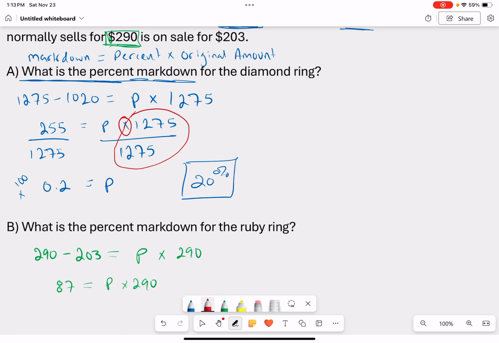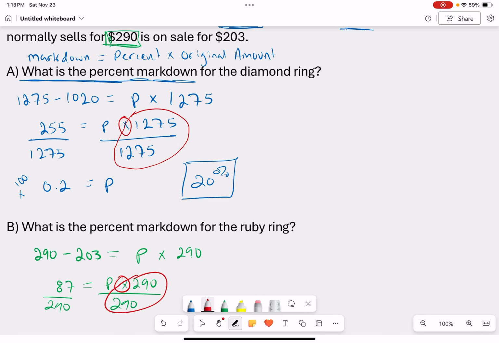Okay, well now these two are being multiplied, and I want the P to be isolated. I want it on its own. Because it is being multiplied by 290, we do the inverse operation, which is divide by 290. And we isolate the P now.